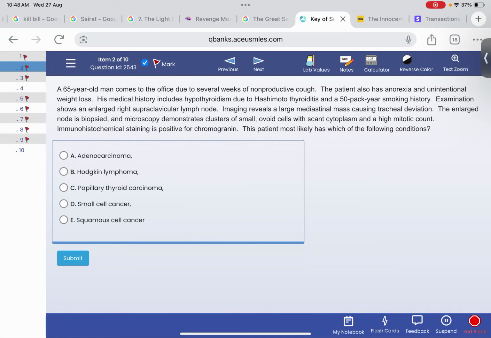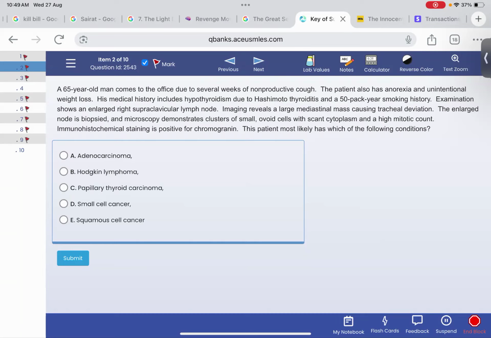Examination shows an enlarged right supraclavicular lymph node. Imaging reveals a large mediastinal mass causing tracheal deviation. The enlarged node is biopsied, and microscopy demonstrates clusters of small ovoid cells with scant cytoplasm and a high mitotic count. Immunohistochemical staining is positive for chromogranin. This patient most likely has which of the following conditions?